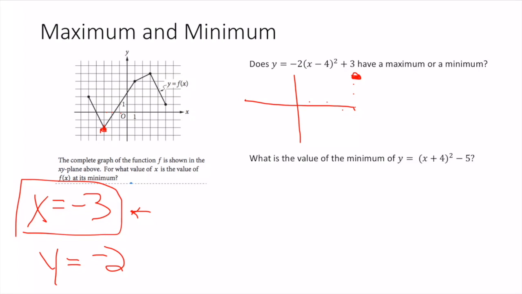Here's my vertex. What I know about this vertex is that because my a value is negative, my parabola is opening down. So this becomes a maximum, because this will now be the absolute highest point of this function.